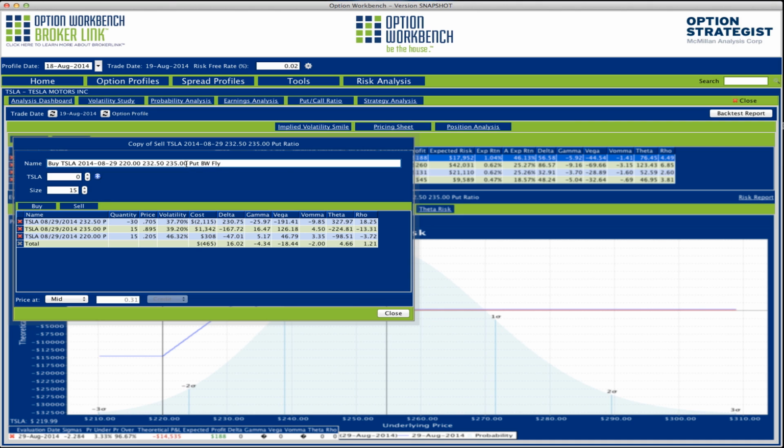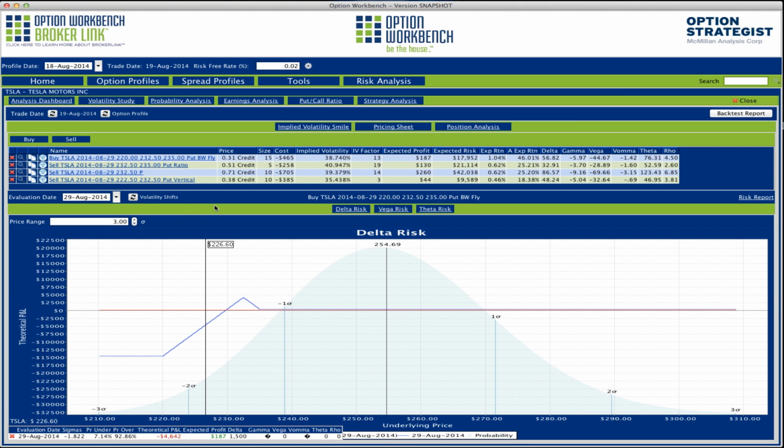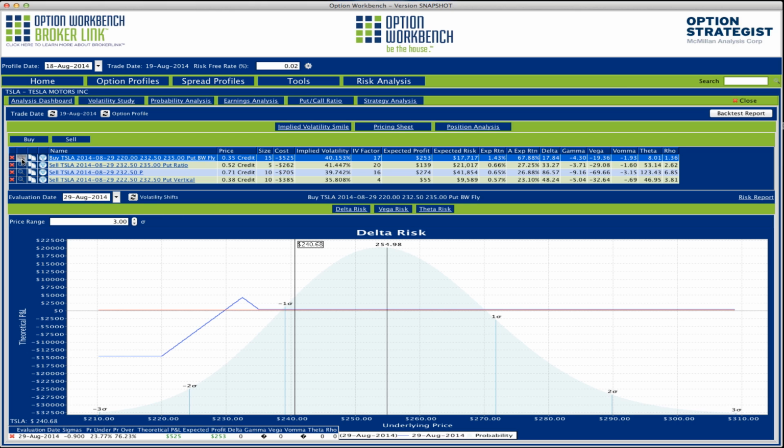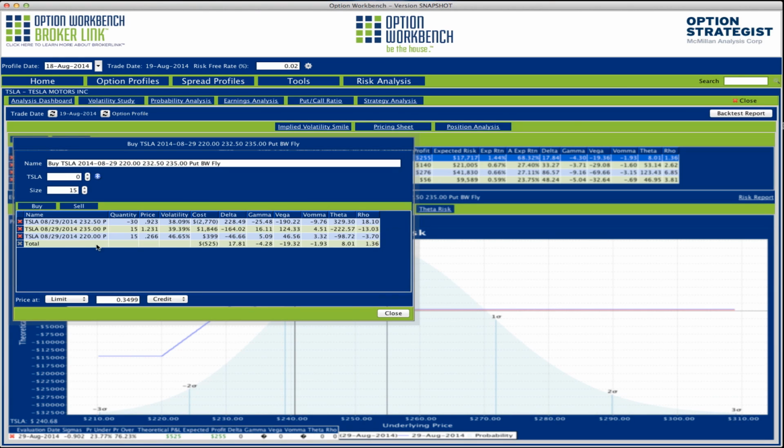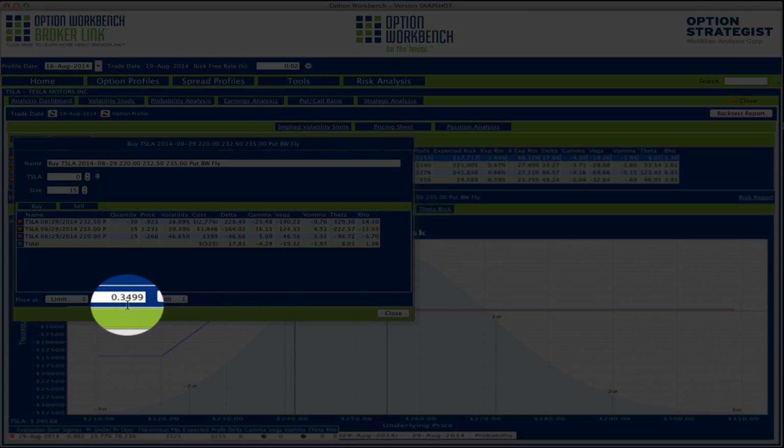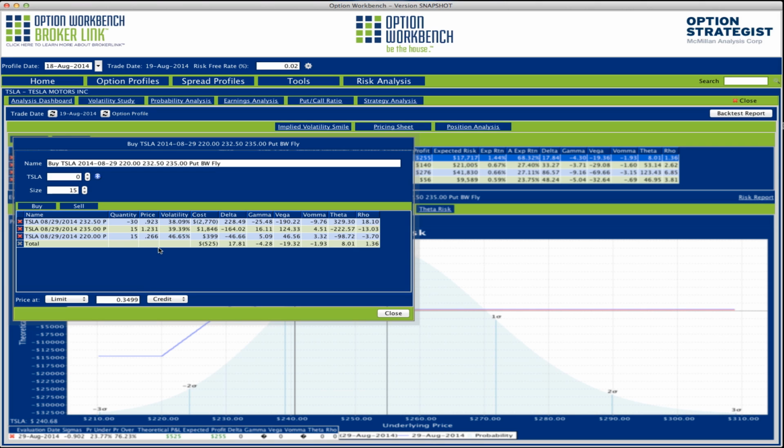So that's the position that I'm actually going to put on now. And I went to my broker screen. So I actually got a 35-cent credit for this spread when I put it in a little bit earlier. I filled in my actual fill prices on the trade detail screen here. Actually, my price was 0.3499 on the fills that I got.